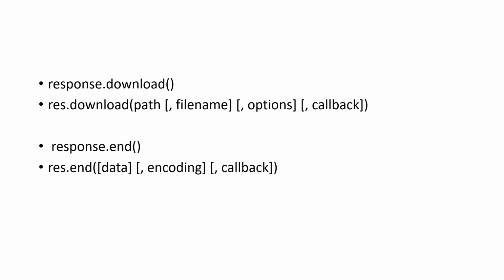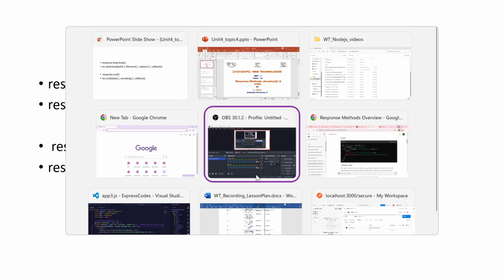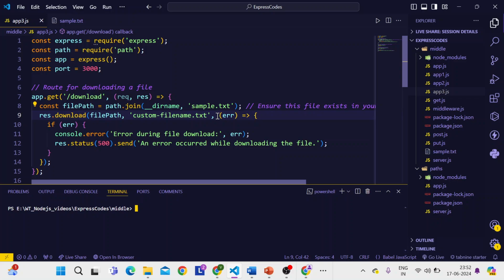So let's look at a working example in order to understand this better. Here we have a very wonderful example that showcases how the download method and res.end method are used.